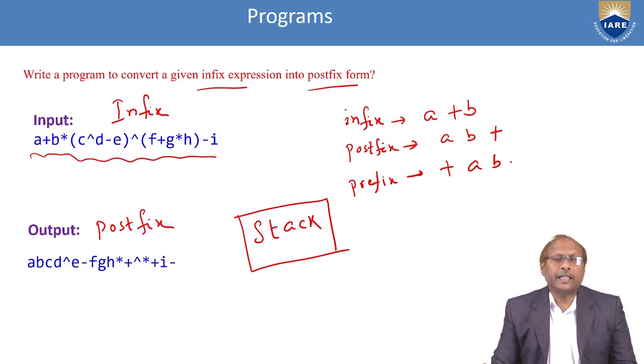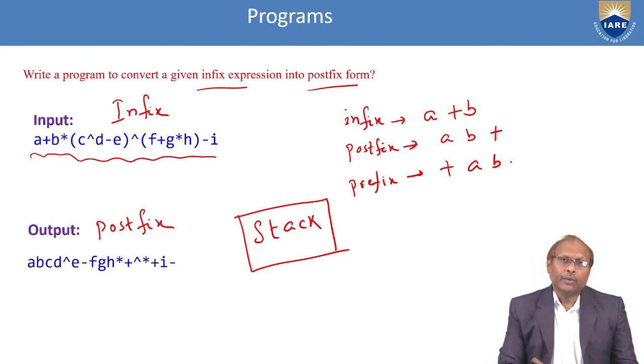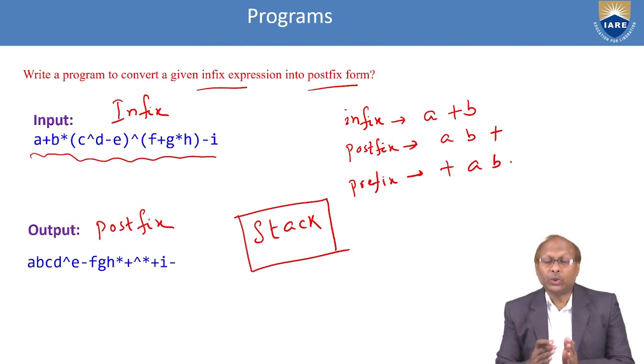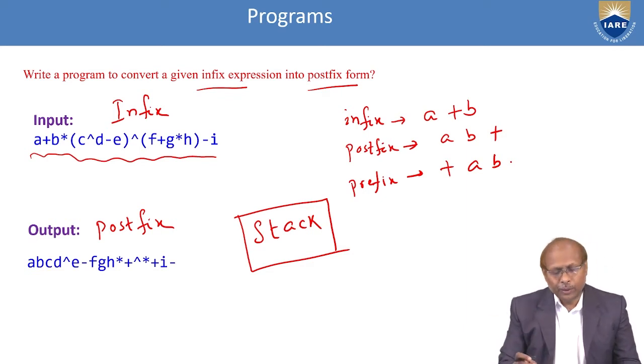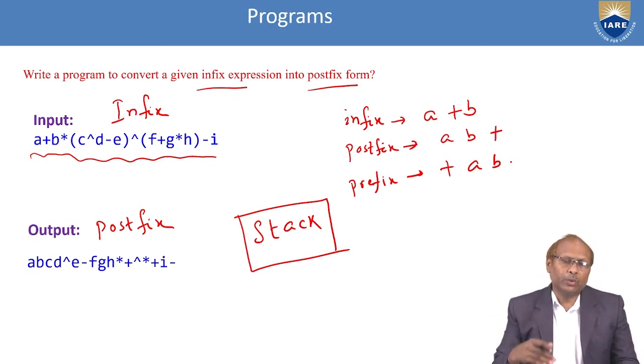Because in an infix expression, there will be a set of operators as well as operands. While converting from infix to postfix, you have to decide which operator will come first and which next. Those operator precedences you already know. So based on operator precedence, it will come first. To come out with the output, you have to take the help of a stack. So the stack will help you convert from infix to postfix.